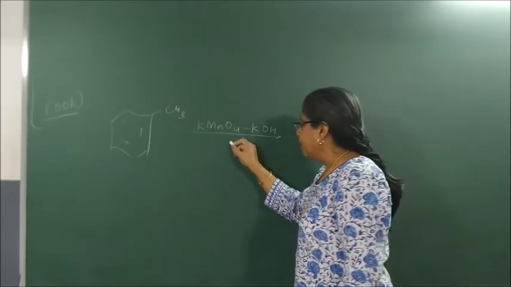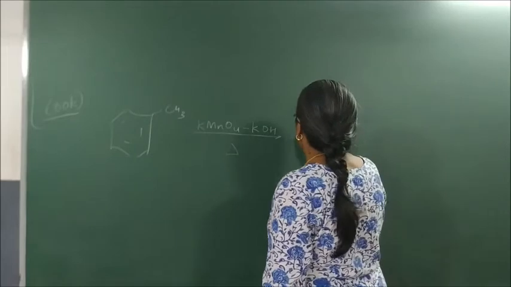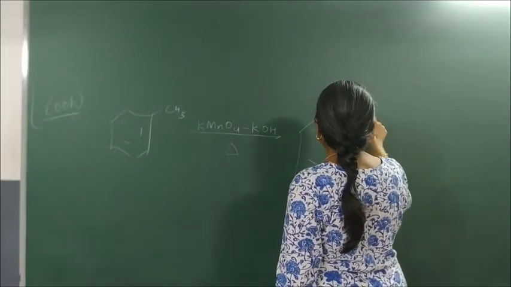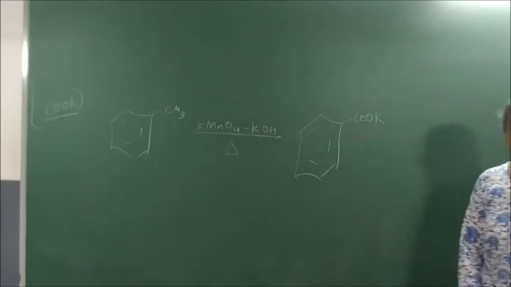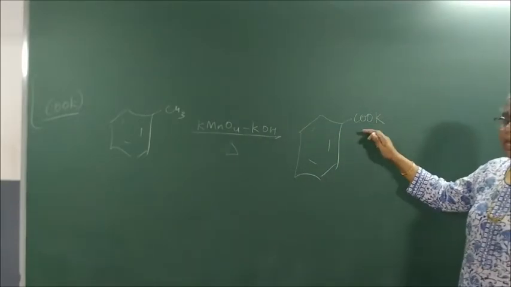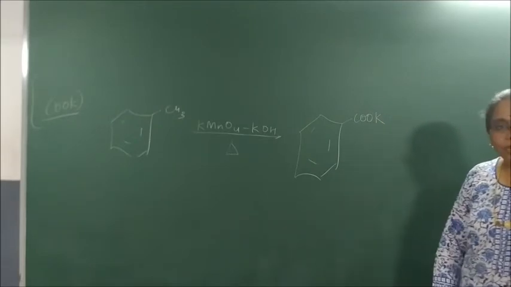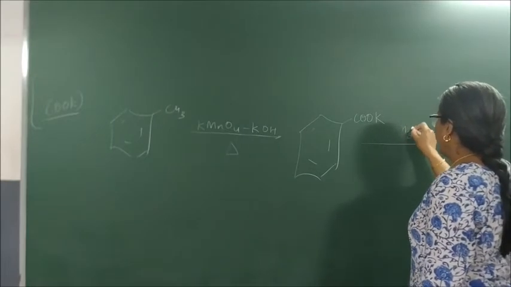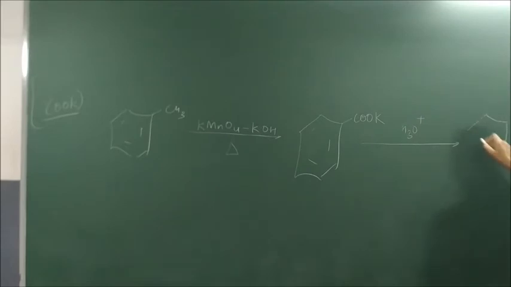Alkaline medium. And I heat it. So this CH3 gets oxidized to COOK. That's why I said COOK reaction. What is COOK? It is called potassium benzoate. This potassium benzoate, when hydrolyzed in an acidic medium, gives me what? Benzoic acid.